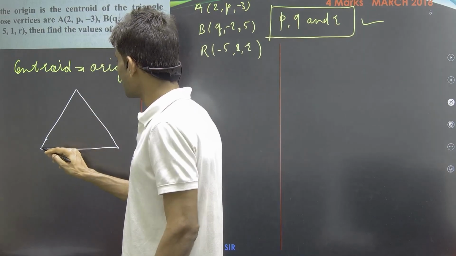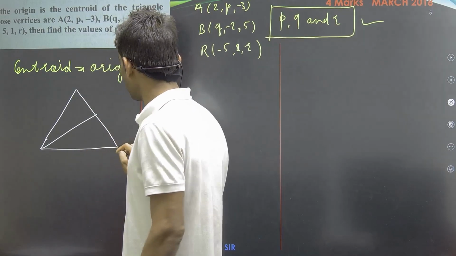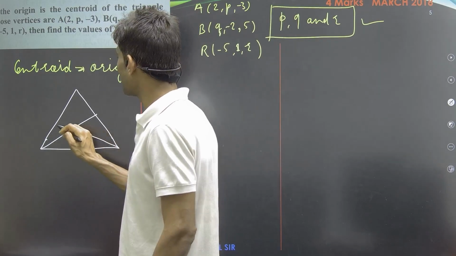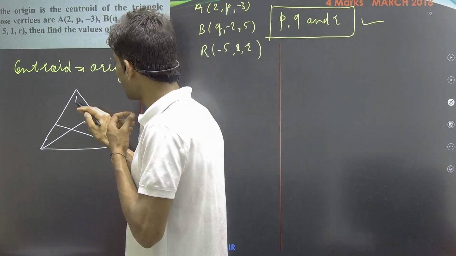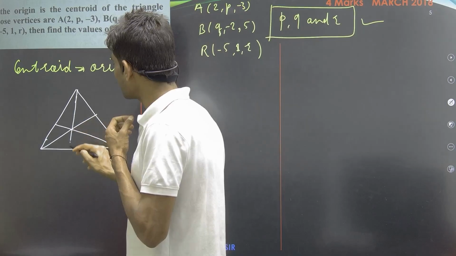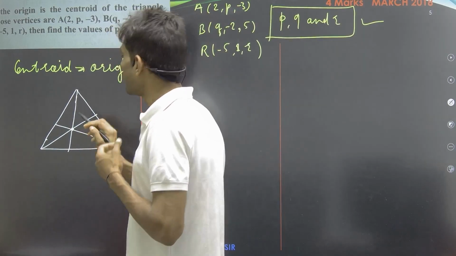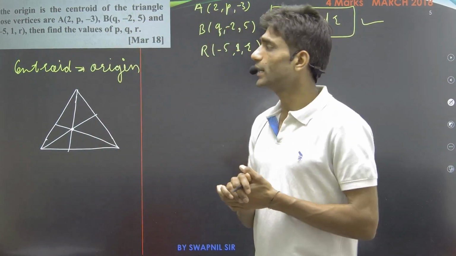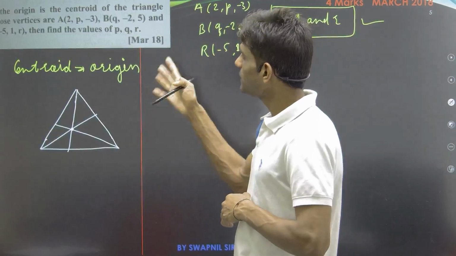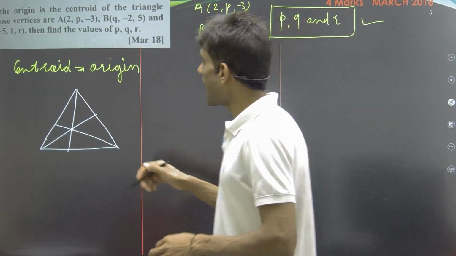When we draw the medians of the triangle, the meeting point always goes to the centroid. And we are given that the centroid is at the origin.